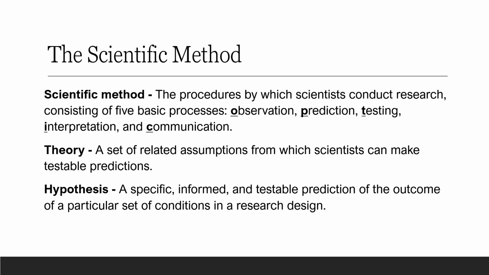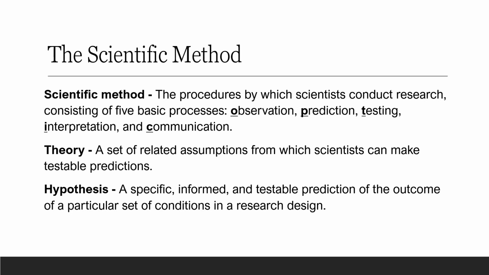100% believable. Okay, so let us take a look once again at how we can apply scientific method in psychological research, because in this context, scientific method refers to the procedures by which scientists conduct research consisting of five basic processes: observation, prediction, testing, interpretation, and communication.